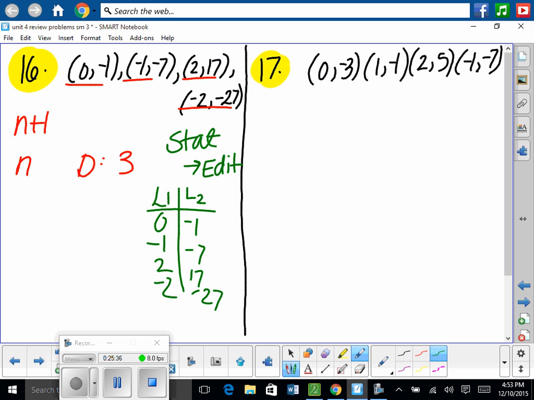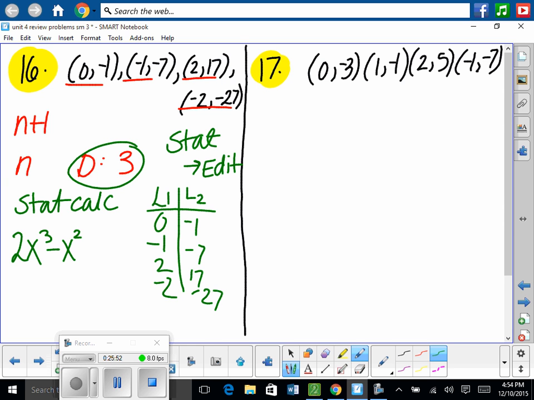Then you hit stat calculate, and because it was degree 3, you'll do cubic regression. If you do that, you'll get 2x cubed minus 1x squared, so I'm just going to write minus x squared plus 3x minus 1. That would be our final answer. This is the polynomial that had these points passing through it.